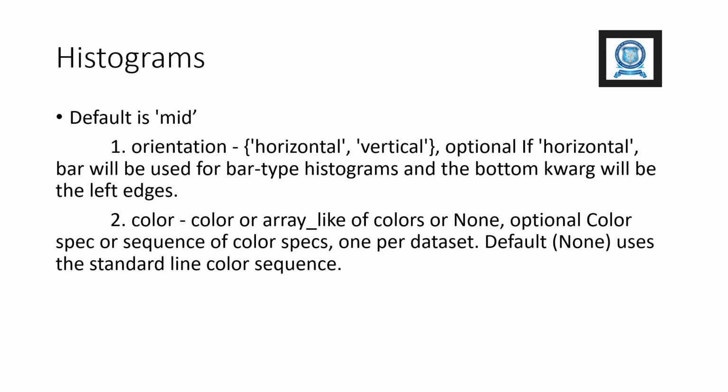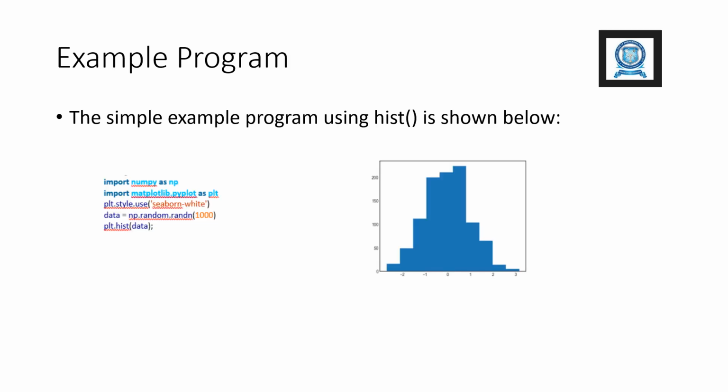Optional color specification or sequence of color specifications, one per data set. Default None uses the standard line color sequence. The simple example program using the hist function is shown below. Here style is defined and hist of data is called and the output is shown on the right side of the slide.